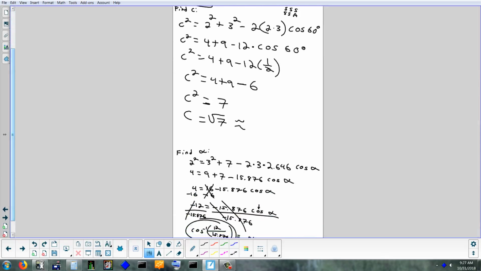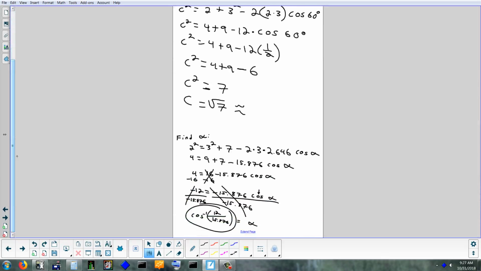The letter is pretty much already by itself. The only thing you have to do at the very end is take a square root. When you're finding an angle, it's not just arithmetic, it's algebra. The letter's not by itself. You have to use algebra to get the letter by itself. So that's the difference between finding a side and finding an angle.